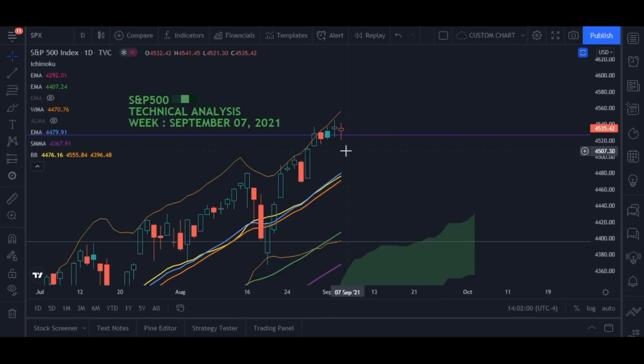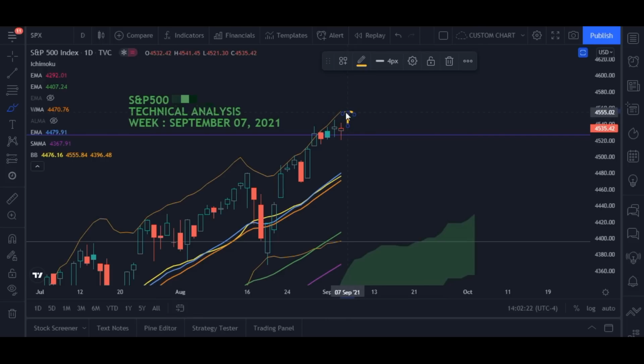So what we are going to see here is that on Tuesday or Wednesday, you may see the market try to move up, and whenever the market moves up, it will hit the upper band of the Bollinger band, which is at 4555.